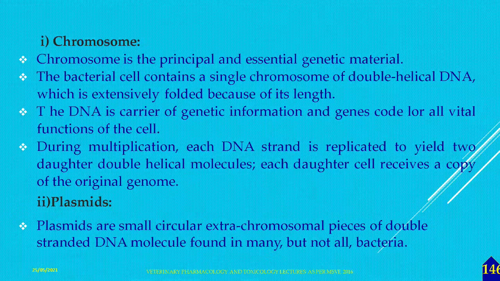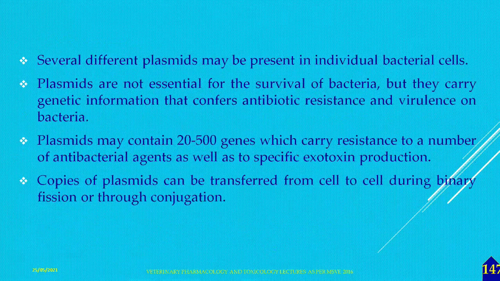Whereas plasmids are small circular extrachromosomal pieces of double-stranded DNA molecule found in many, but not all, bacteria. Plasmids play a very important role in transmitting bacterial resistance from one bacterium to another through pili or bridges.